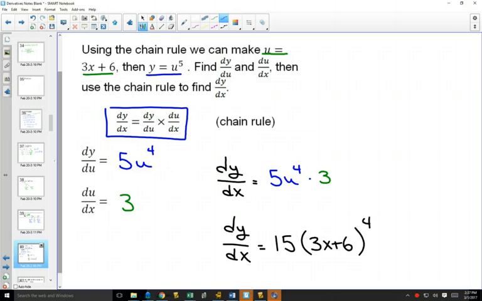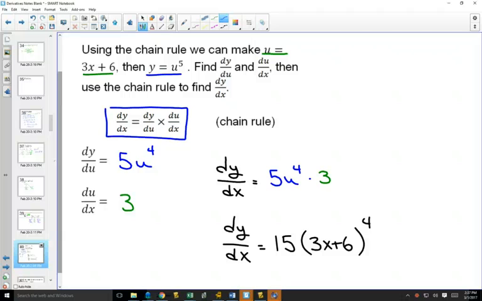Well, you have to do a whole bunch of substitutions. It takes a lot more time. If you forget the formula or something along the way, it gets confusing. And it gets even more confusing when we eventually have a chain rule inside of a chain rule inside of a chain rule.